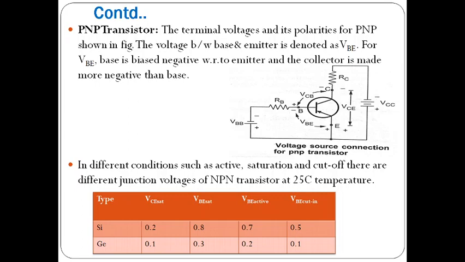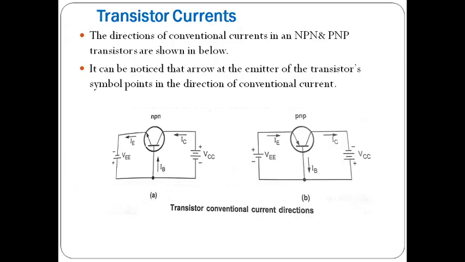Similarly, for germanium, VCE sat is 0.1 volts, VBE sat is 0.3 volts, VBE active is 0.2, VBE cut-in is 0.1 volt. These are the standard values of an NPN transistor at room temperature. For PNP, same values but opposite signs. Clear? Then next we'll discuss the transistor currents.